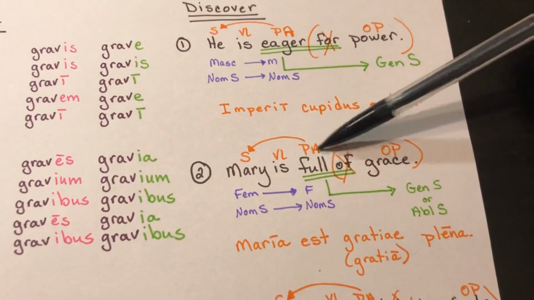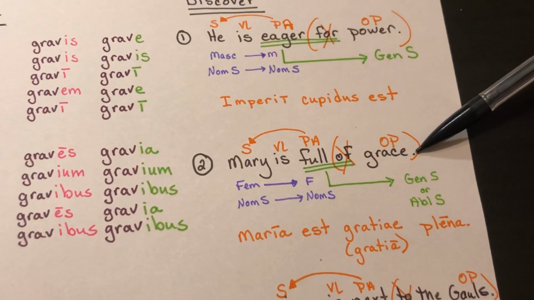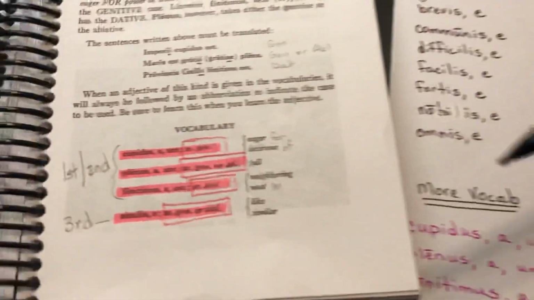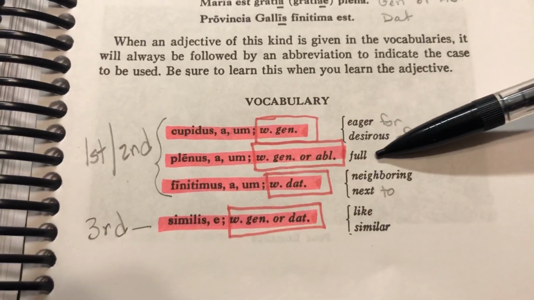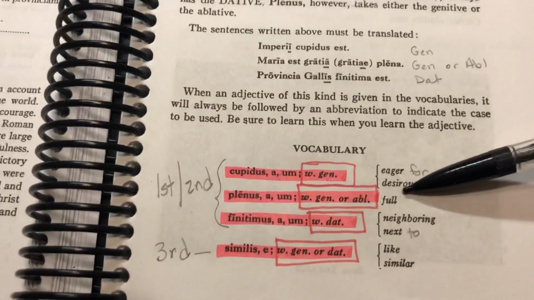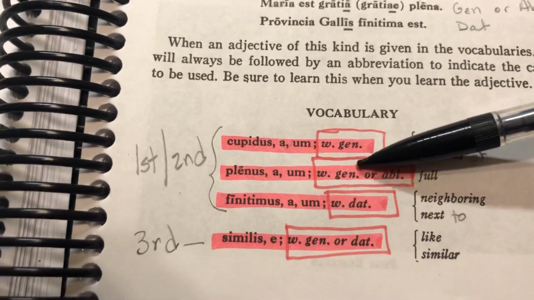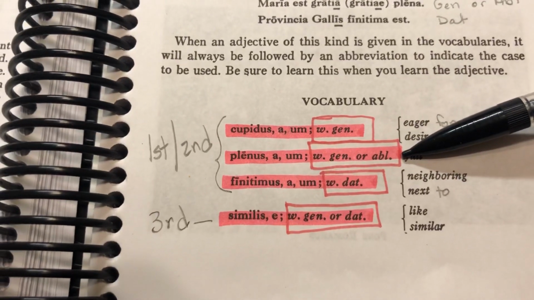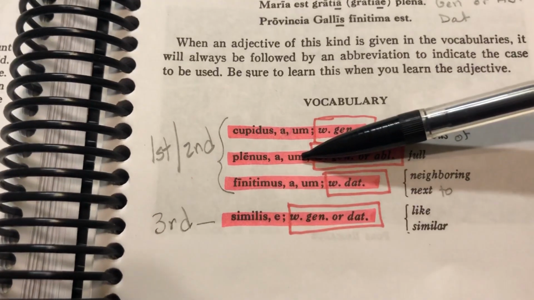Here we go right here. We're going to first parse it. Mary is full of grace. Full of, if you come over here and look, I didn't write the word of there, but it is up here somewhere. Full of, it says it can take either the genitive or the ablative. It doesn't matter which one, you get to pick. It is a first and second declension adjective.